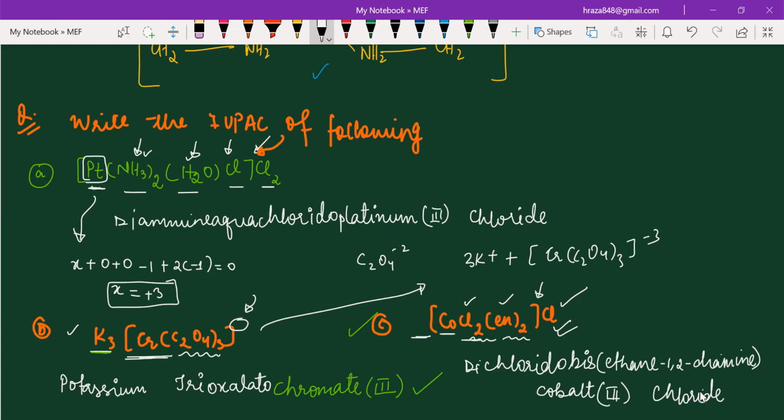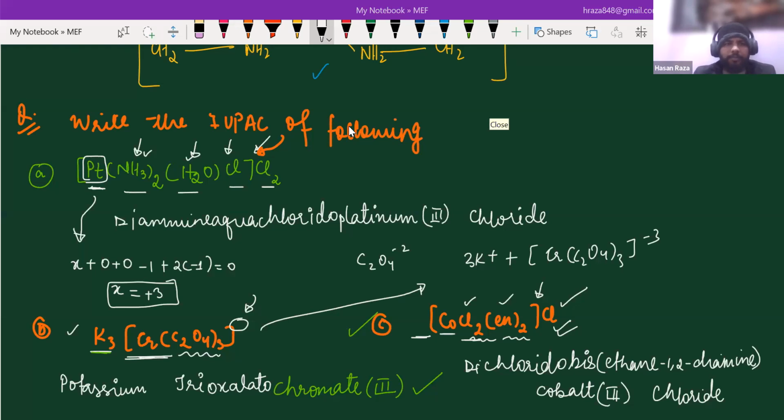So instead of ethane-1,2-diamine, can we write ethylene diamine? That is the common name. And we are writing IUPAC. Please do it and let me know if you are done with this.